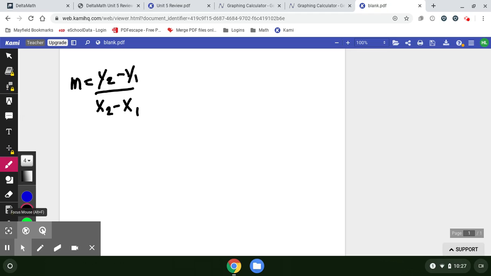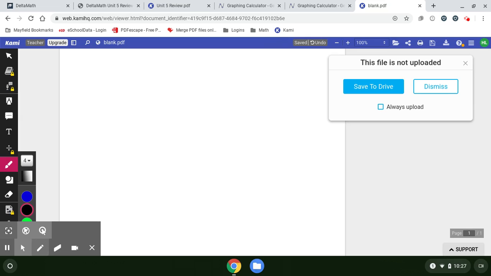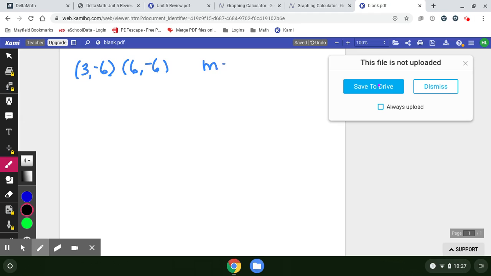Say I have the points 3, negative 6 and 6, negative 6.